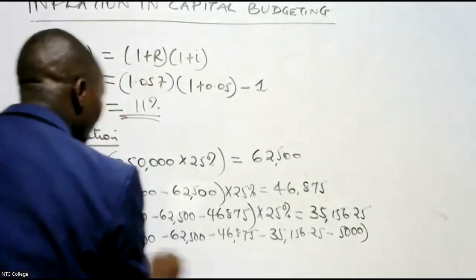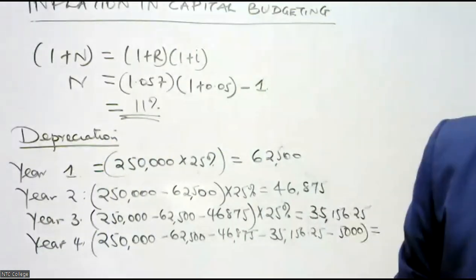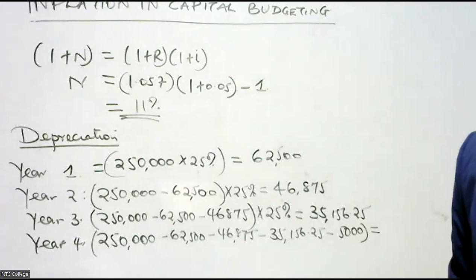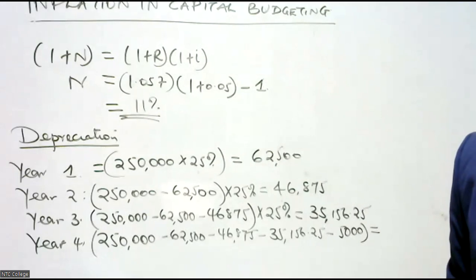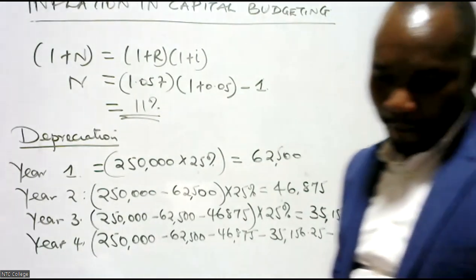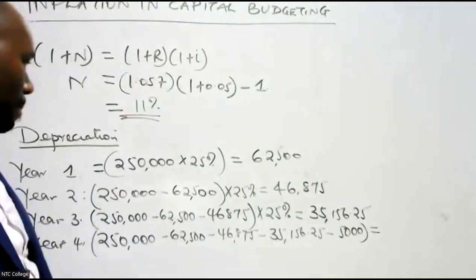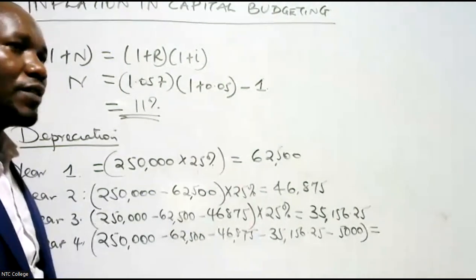The answer that you're going to get is the depreciation for the fourth year. What do you get?